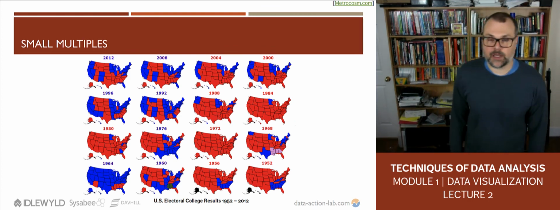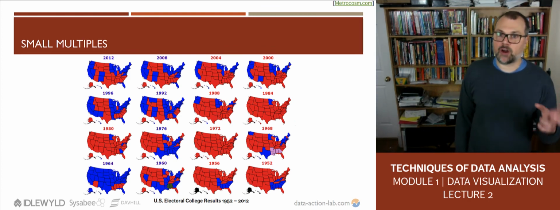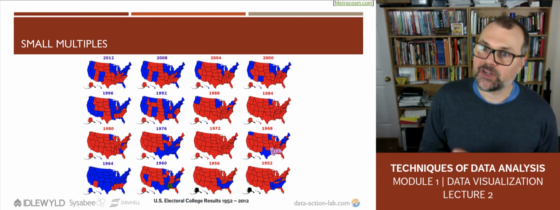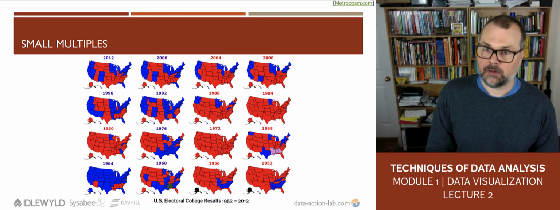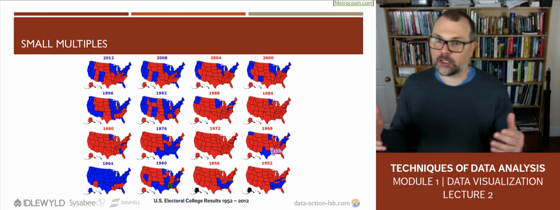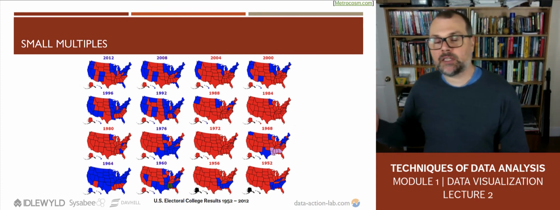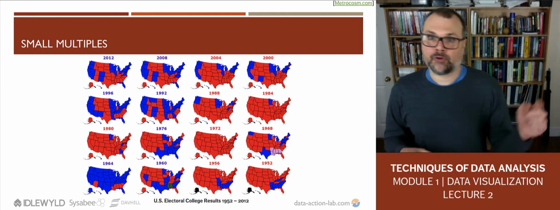Another approach which is really useful to help you draw insights is the approach of small multiples. If you're familiar with ggplot2, this is what's called a facet. And you take a categorical variable or a numerical variable or some variable that has a discrete number of levels. In this case, we have years for elections.